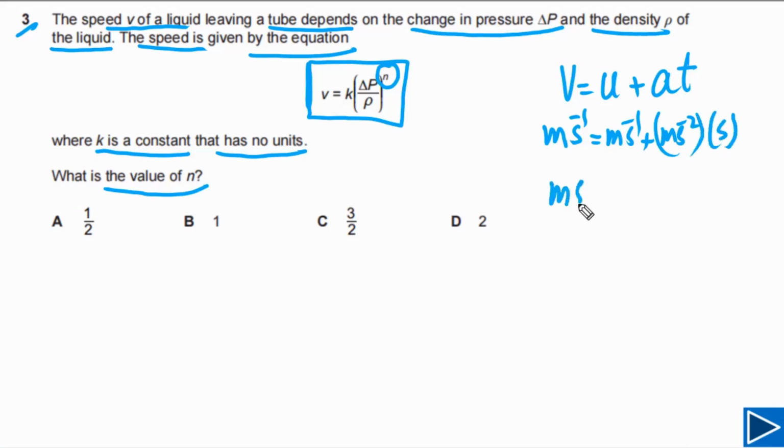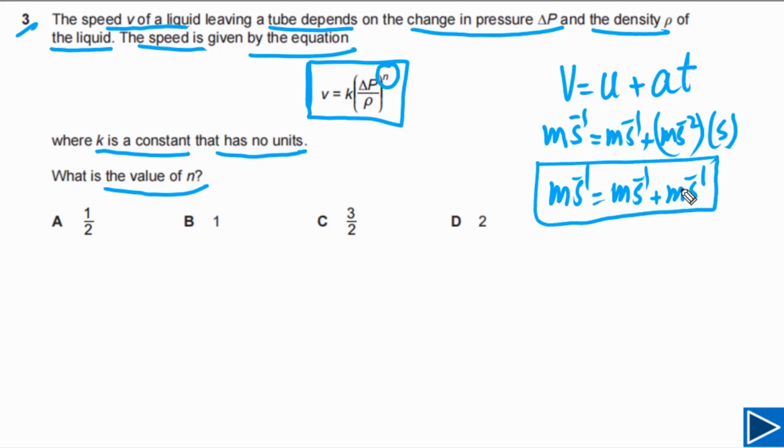If we simplify this, we get meters per second, and the other term is also meters per second. Now you can see each term has the same unit, and the units on the left side and right side of this equation are the same. So this equation is correct and homogeneous. This is the main concept we need to understand.